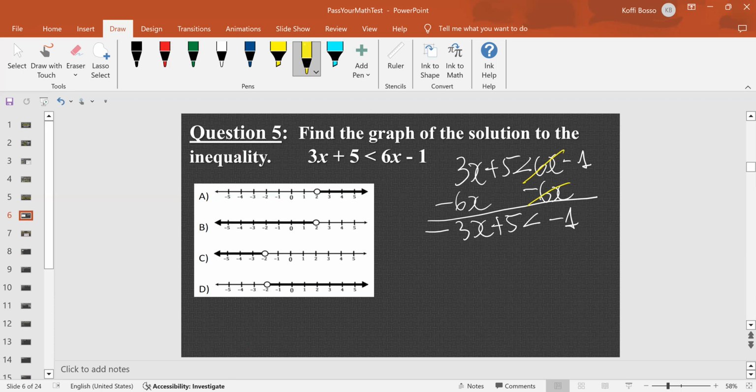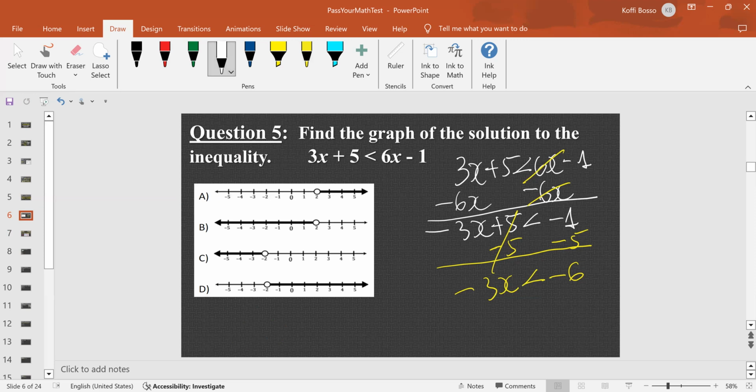They said that we have many methods to use to solve this problem. This is one of the methods. Now, I will subtract 5 on both sides because I want to solve for x. I want to get rid of everything and get x alone. This will cancel out. I have negative 3x is less than negative 6 because negative 1 minus 5 is negative 6.